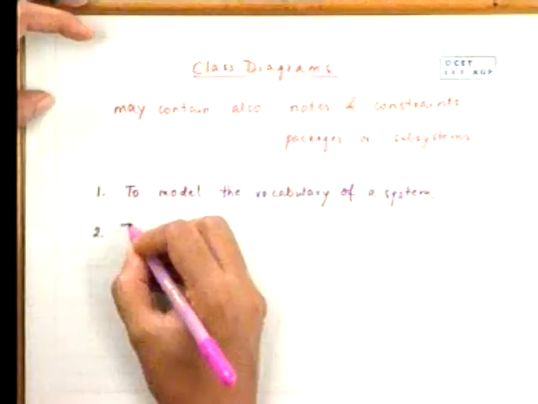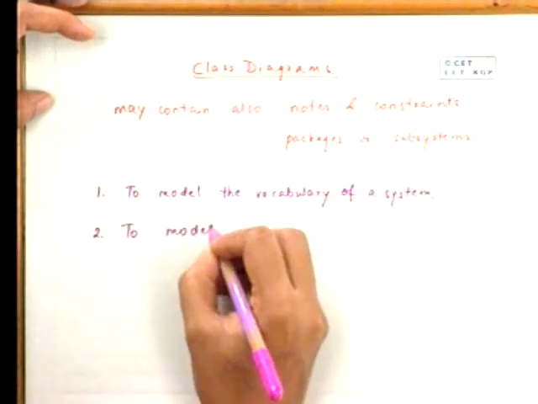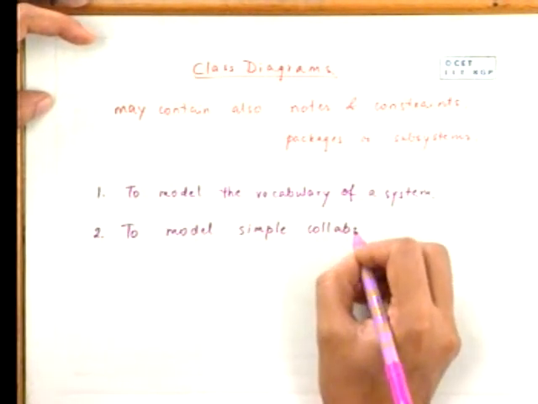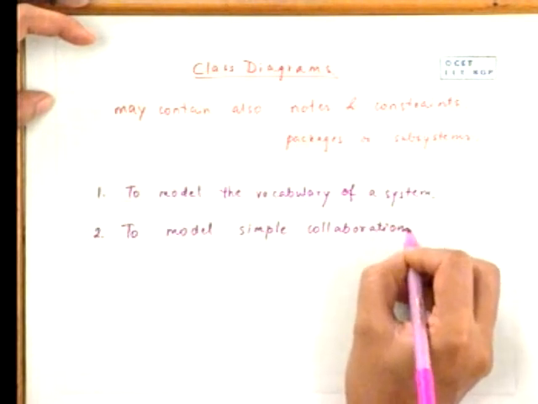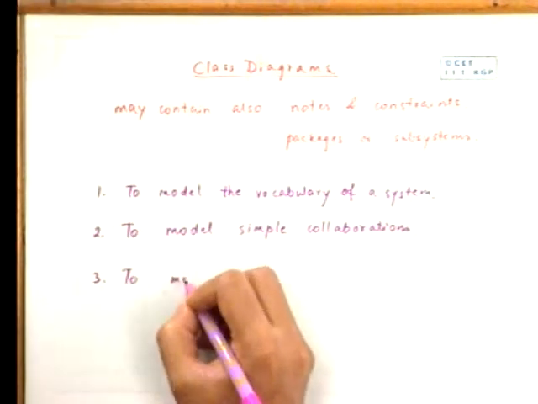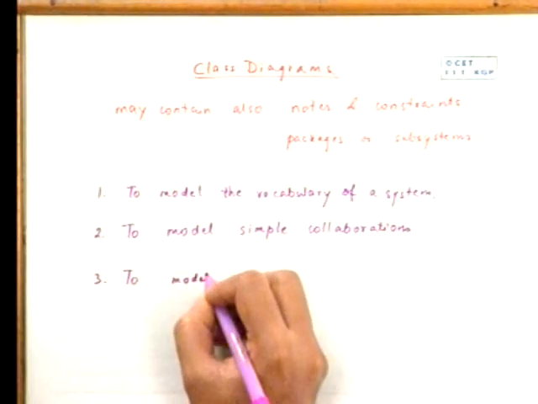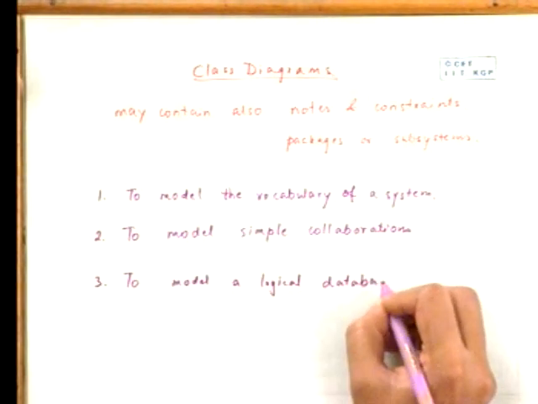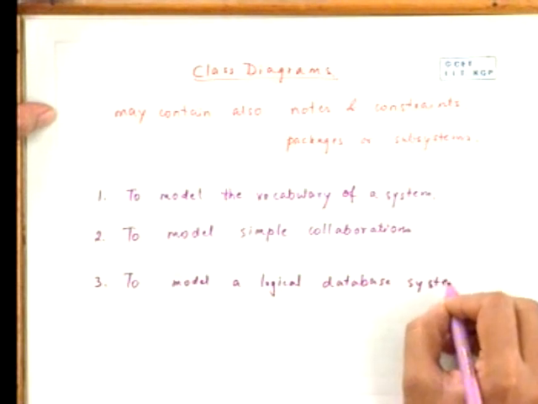For example, to model simple collaborations, and to model a logical database system. Now, since we have already covered how to construct a class diagram, we will present an example class diagram.